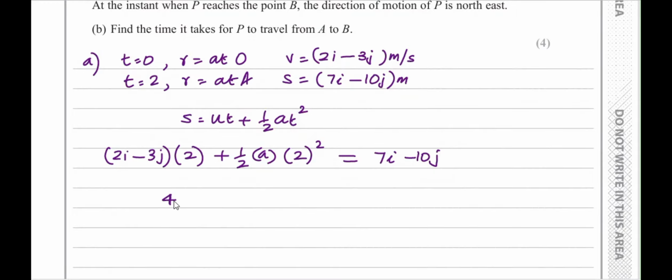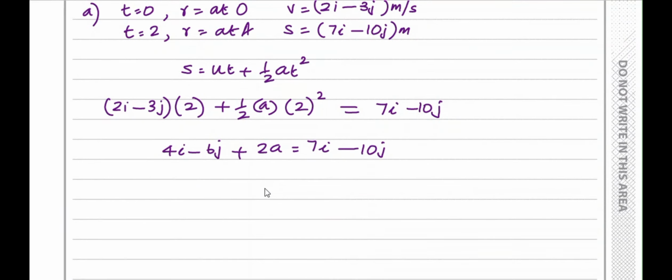Therefore, simplifying, 4i minus 6j plus 2a is equal to 7i minus 10j. Therefore, 2a equals 7i minus 4i, 3i, minus 10j minus of minus 6j is minus 4j, and therefore a equals 3 over 2 i minus 2j.